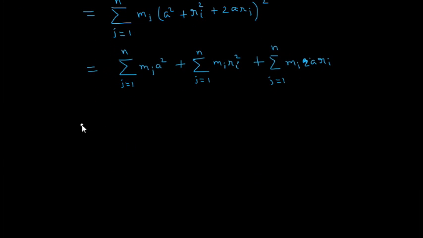Just normal mathematics it is. Now you can write this as IRS plus sigma i equal to 1 up to n mi a square plus 2 sigma i equal to 1 till n mi a ri square, so till here we have solved.